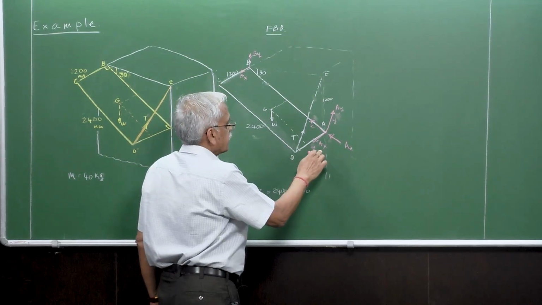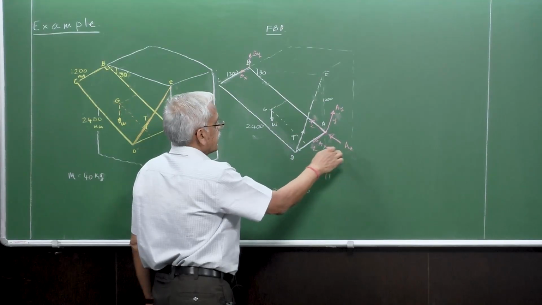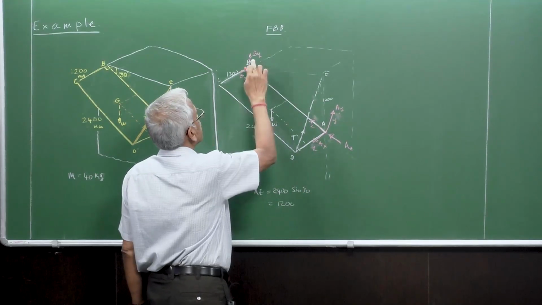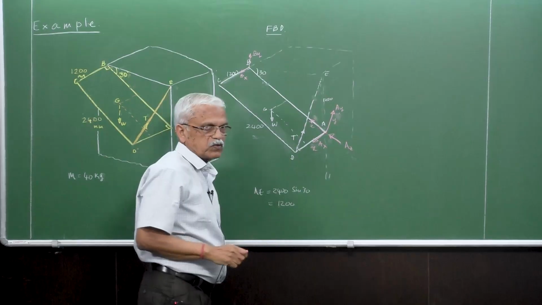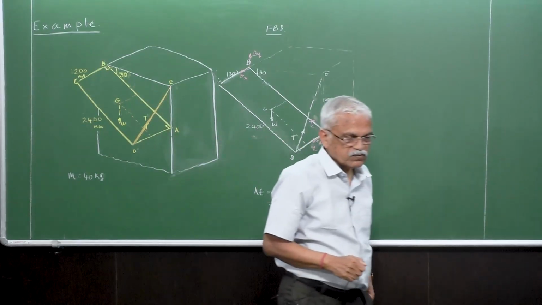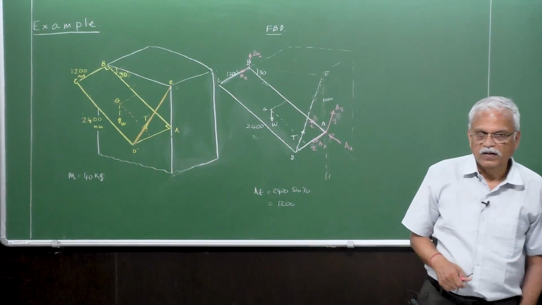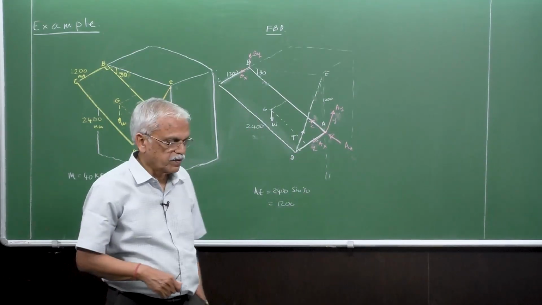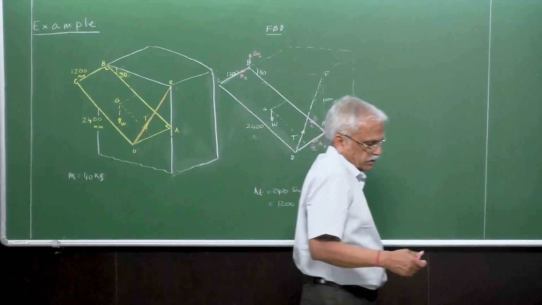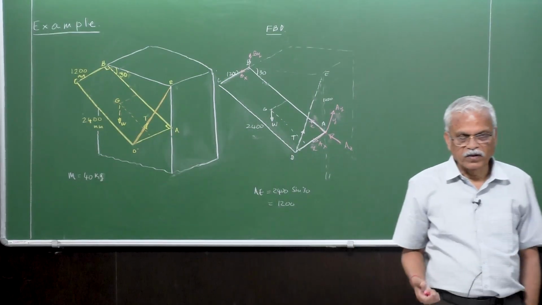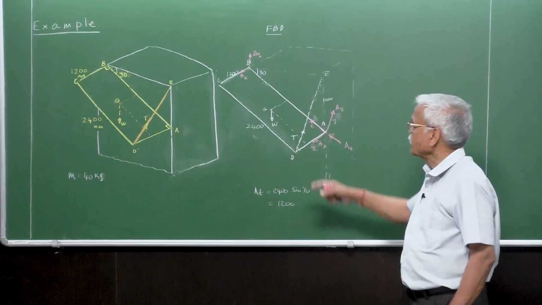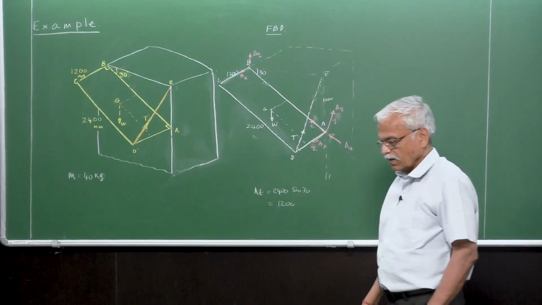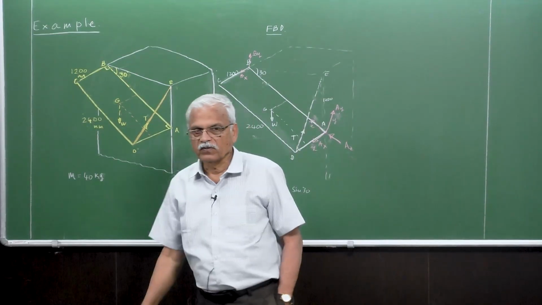And then we have ax, ay, and az, 3 here, and bx and by, so 2. So totally you have 6 unknowns. Using these 6 unknowns, we will be able to find out all the components.